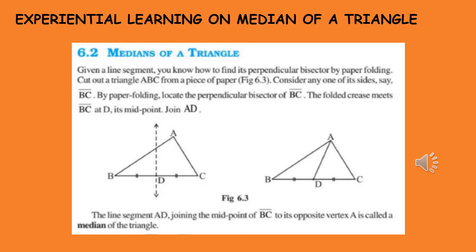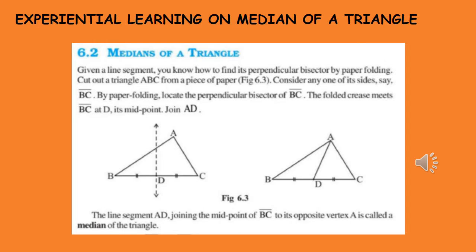Now, any one side is considered. Say for instance, we are considering the side BC as it is shown in the figure. Now, we are folding the paper after cutting the triangle, and the perpendicular bisector of BC is located by folding it. Whenever we are folding and we are marking the midpoint as D, then BD and DC are of same length.